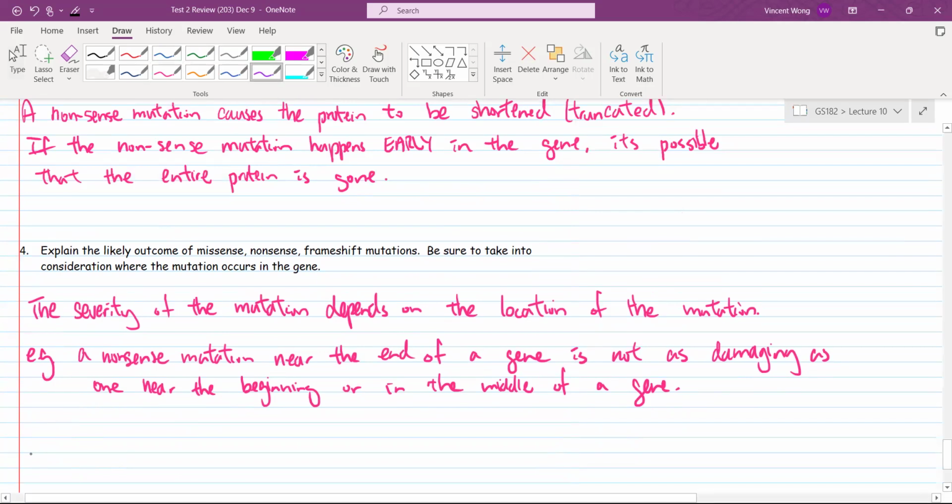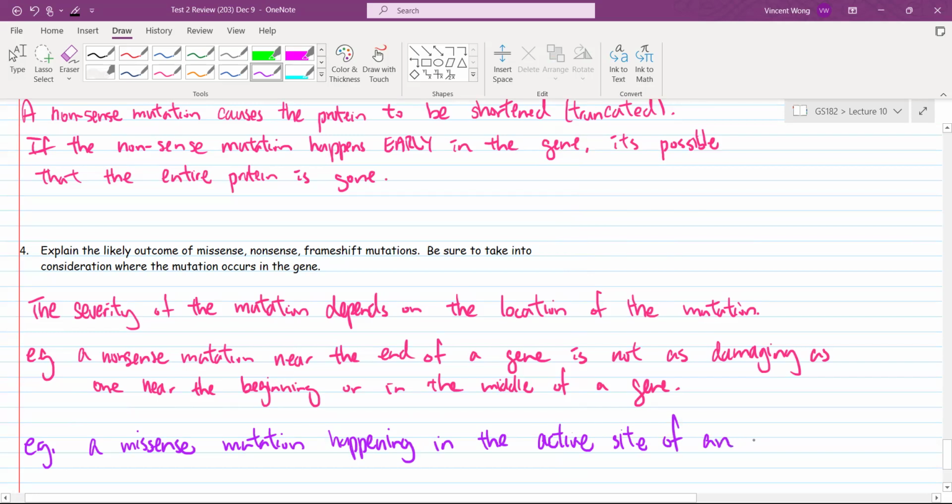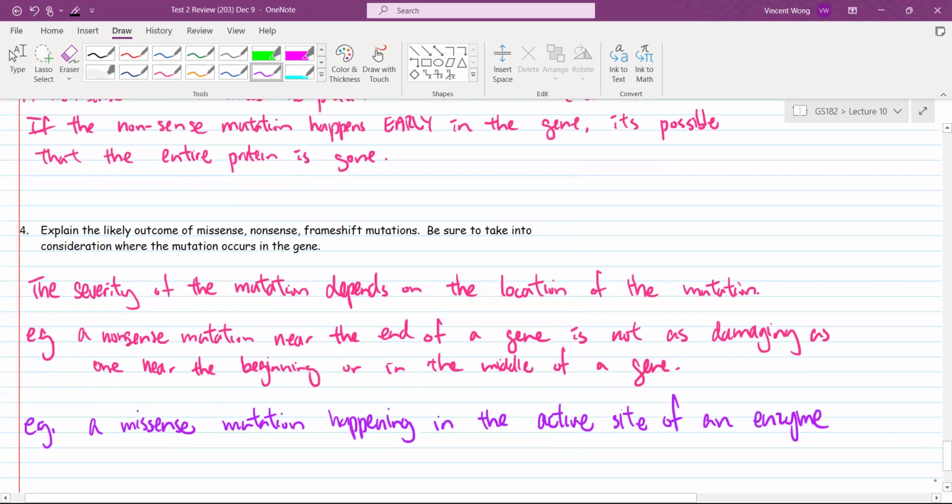Okay, another example. I'm just going to switch color here. A missense mutation happening in the active site of an enzyme is more damaging than one that happens elsewhere in the enzyme.